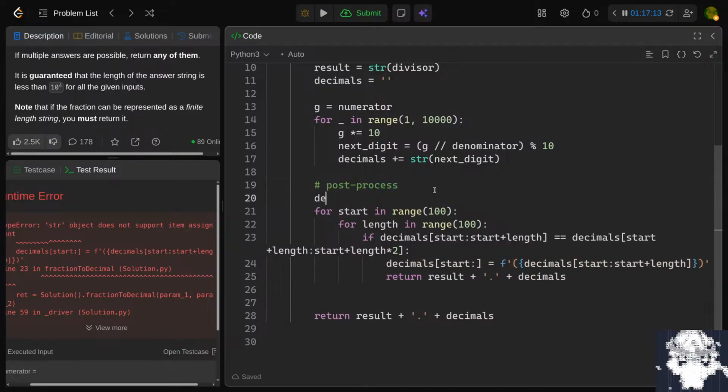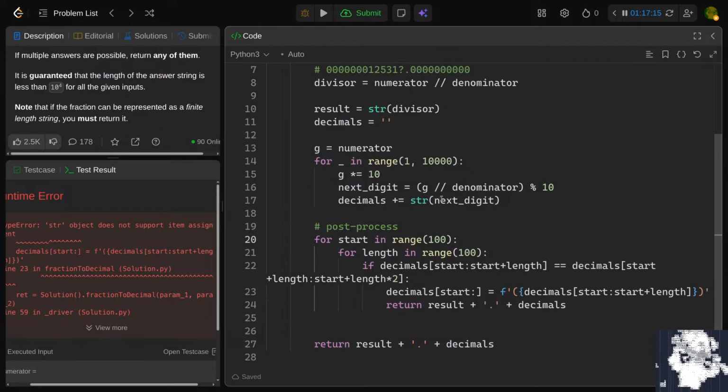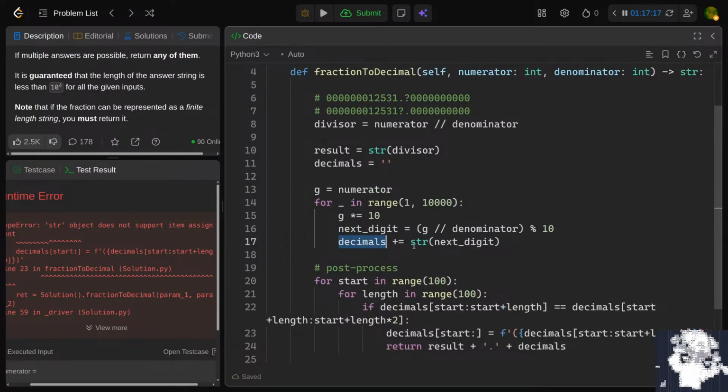So let's make decimals not a string. It'll be a list of characters.